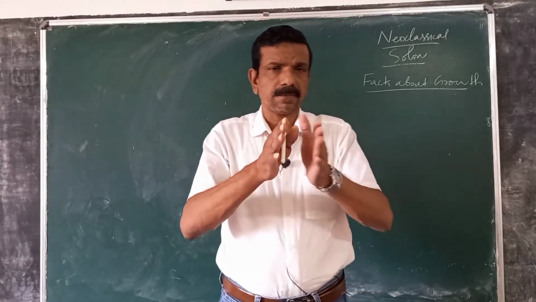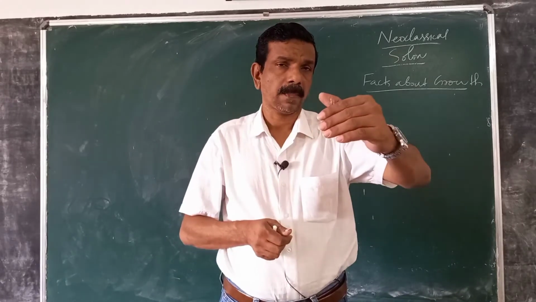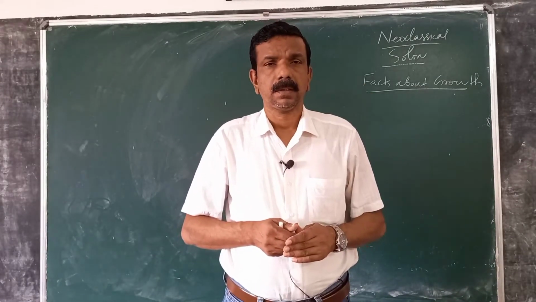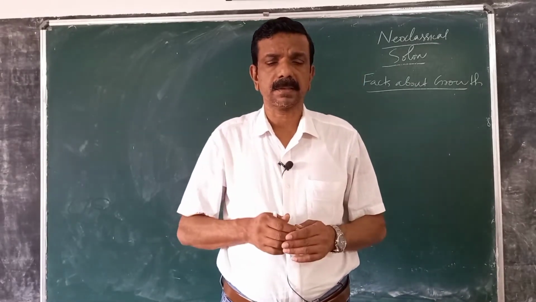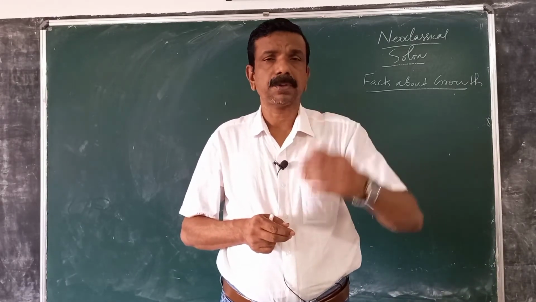So, a theory of economic growth is supposed to explain these empirical facts observed in the real world. Now, let us briefly explain what are these empirical facts which the growth theories are supposed to explain.